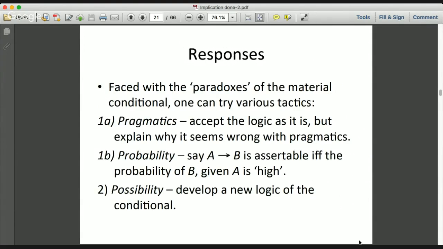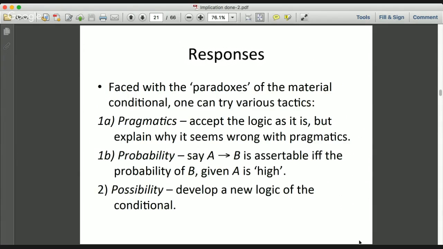So there's a difficulty which is in natural language we speak a certain way, but in logic it gives us a different result. The pragmatics answer is to say something like, there's something else going on when we speak that's not present in the logic, and that other stuff that's going on when we speak makes the difference between the logic, which has a certain behavior, and the way that we speak, which has a different one. Basically, there's nothing wrong with the logic, it's just that there's other sort of contextual elements that come in that make the difference for us.